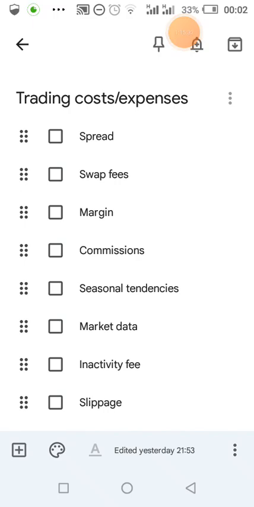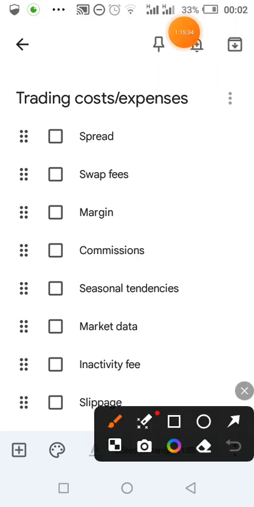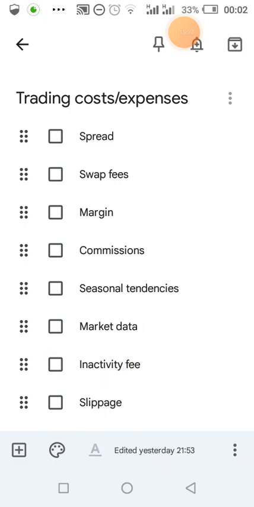Now, another type of trading cost you can incur is inactivity fees, but those are only charged to people who have spent a long time without trading.